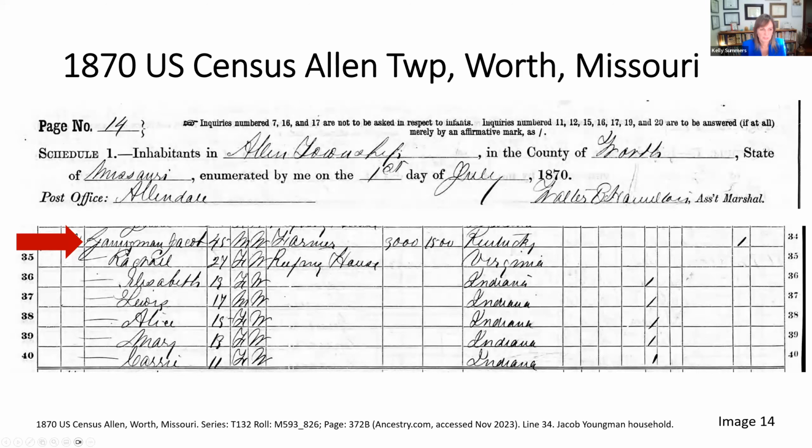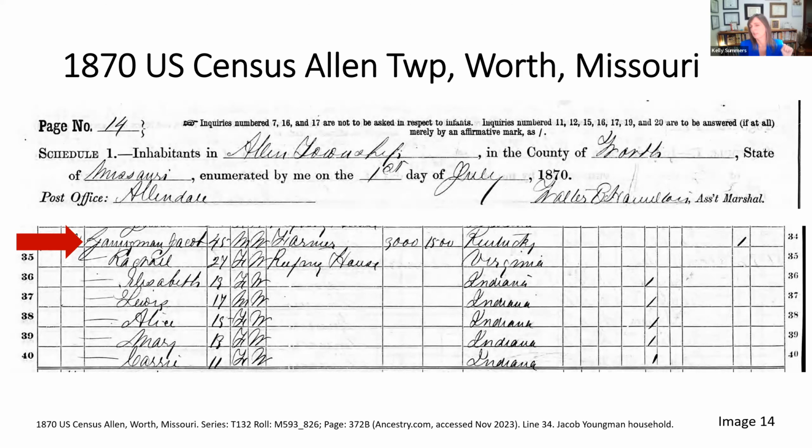This Youngman, if you look at it closely, was indexed, that first letter was indexed as a Z. So no matter how hard I searched, I could not find it. So I had to use no last name when I searched. And I said, Jacob, I want to find Jacob, who was born about 1825 in Kentucky, but living in Missouri. And then this came up.